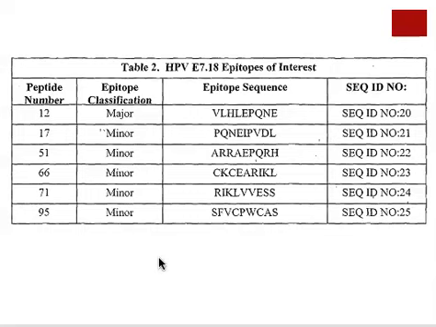And what you're looking at here is a list of the locations on the protein antigens on this virus. So peptide number, this refers to specific locations in the protein that are considered antigenic, that have regions or epitopes on them that will stimulate an immune response.